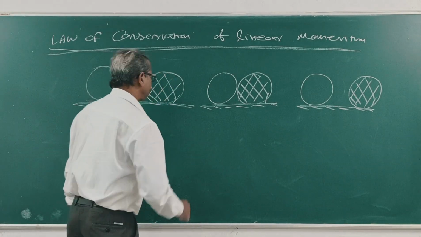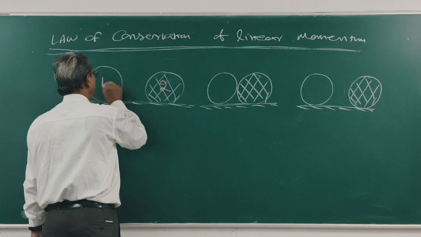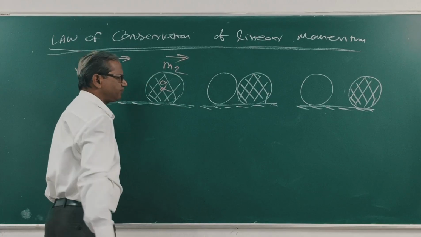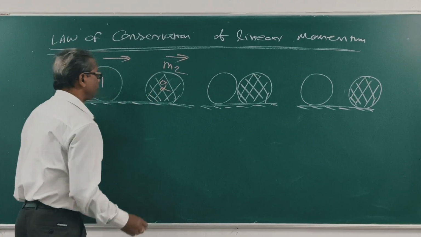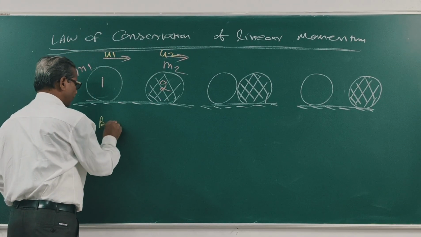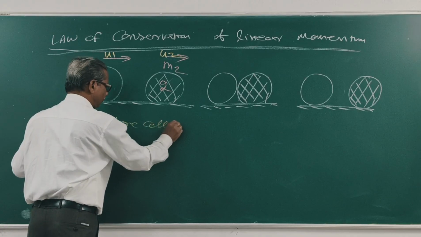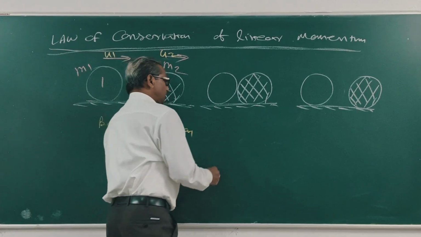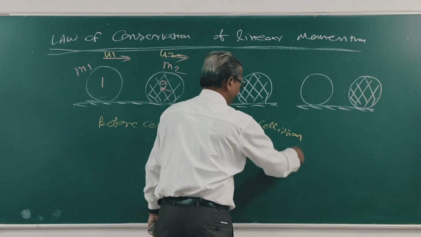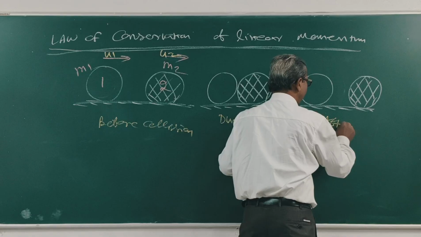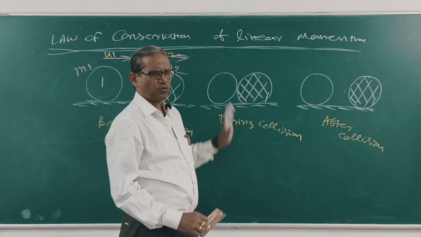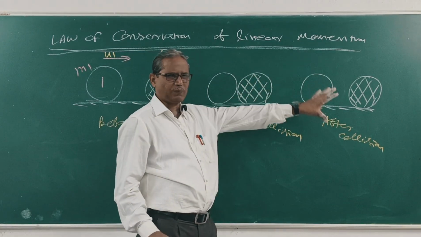Body 1 and body 2 with masses M1, M2 are both moving in the same direction with velocities U1, U2. Clear? Before collision, during collision, after collision.